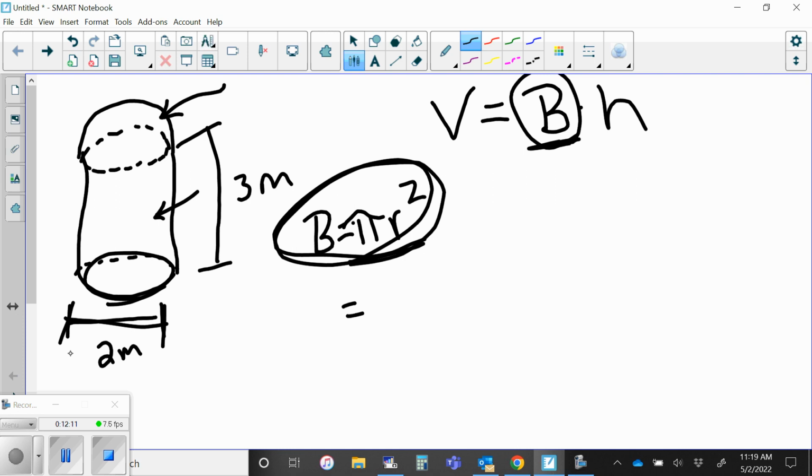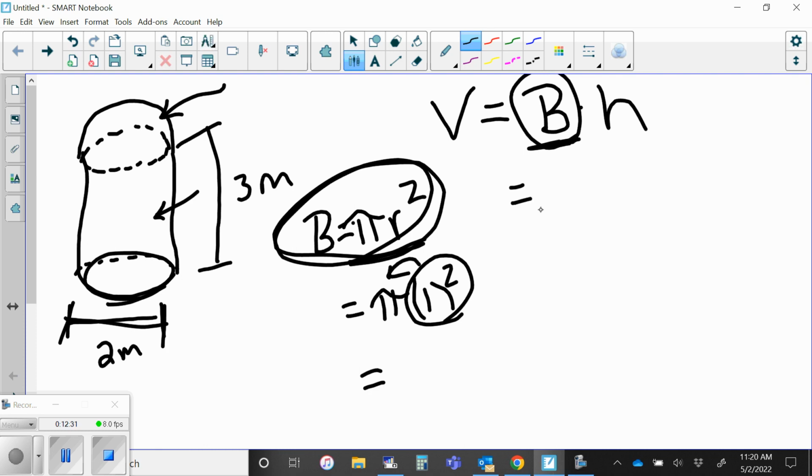1, not 2. That's probably a place where people could have made mistakes. So you should have had pi times 1 squared. 1 squared is 1. 1 times pi is going to be 3.14, but we're going to leave that all the way calculated out.